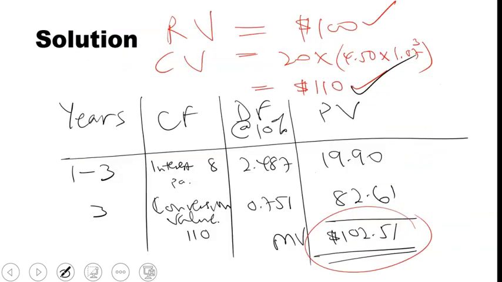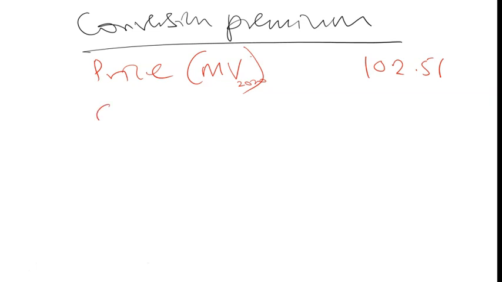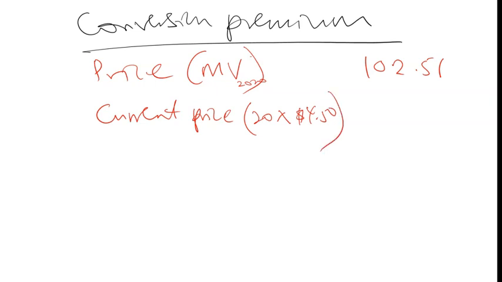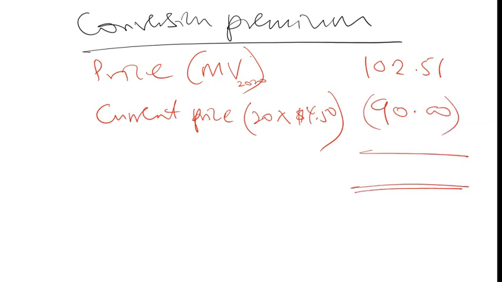So the current price was 20 shares multiplied by $4.50. So obviously here we are going to get 90. So the conversion premium, CP, is actually going to be 12.51. That's the conversion premium.